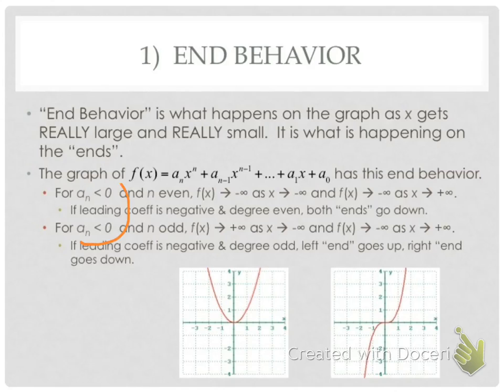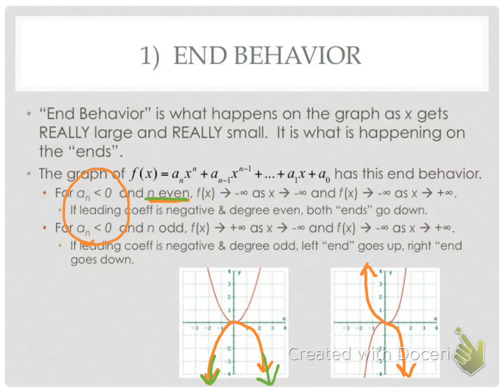When it's negative, we know from previous lessons that having a negative a simply turns our graphs around. So now my parabola is going to look something like this, or now my cubic is going to look something like this. It reflects the original graph through the x-axis. So now, when I have an even exponent, I would expect my graph to follow what the quadratic is doing, but my quadratic is now going down on both ends.